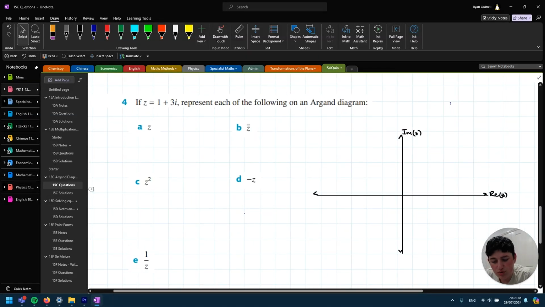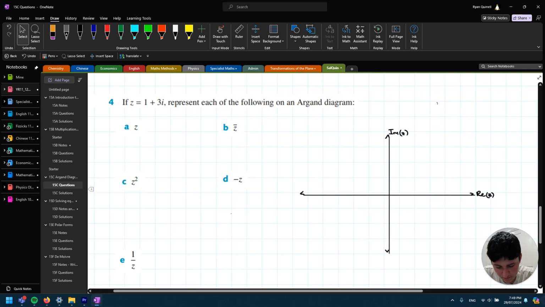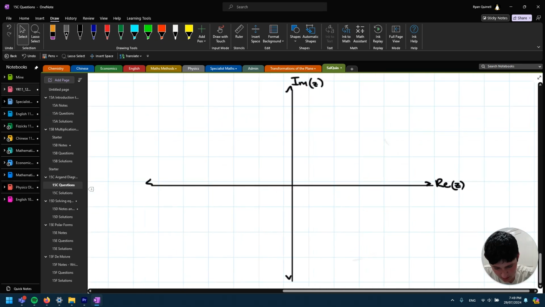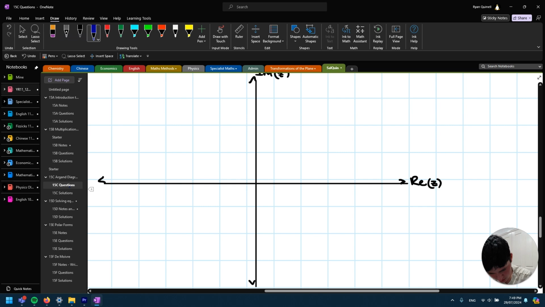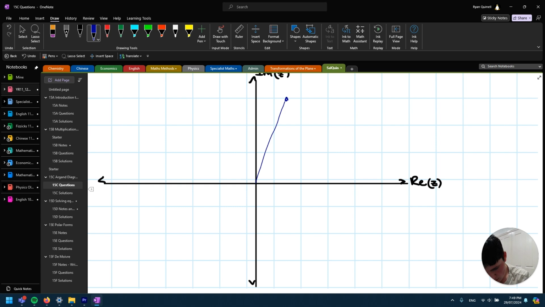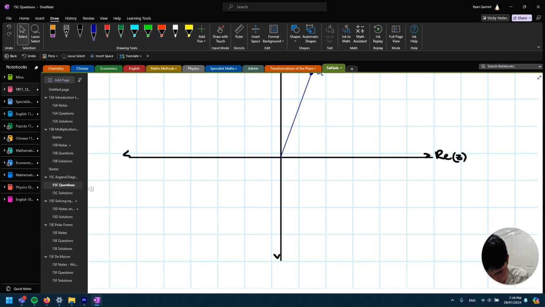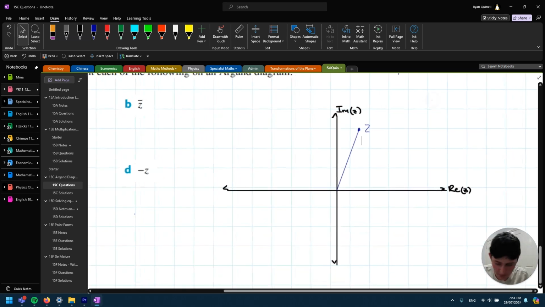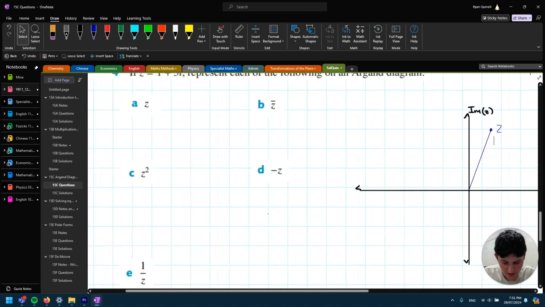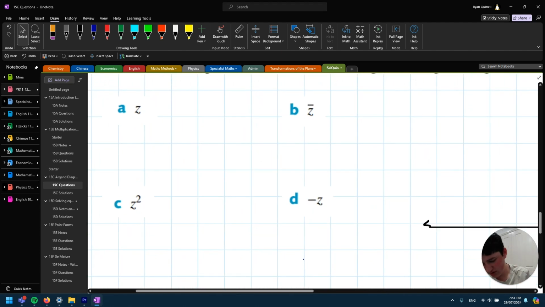Question 4. If Z equals 1 plus 3i, represent it on the following Argand diagram. 1 plus 3i, I'm sure we all know that by now, 1 unit in the real direction, plus 3. We can just call that Z. Now that we've done A, we need to do B. Z and Z bar are different things.